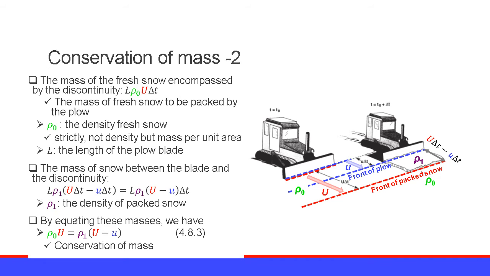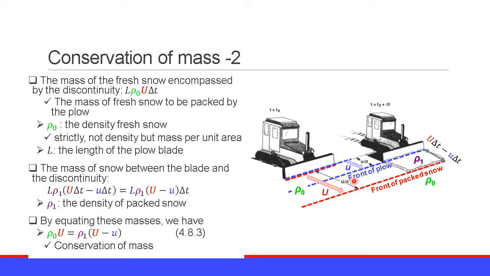Then let us consider the mass of the unpacked and packed snow. So the snow in front of the blade was compressed.